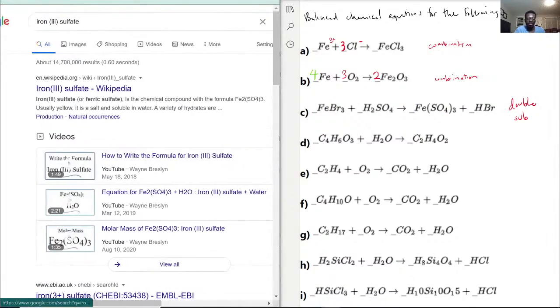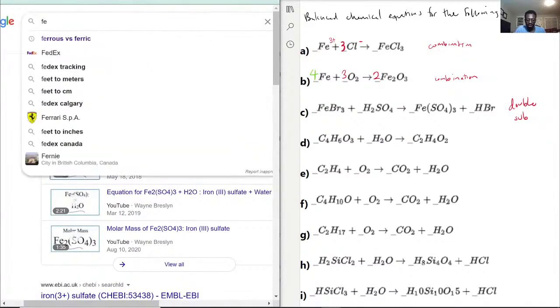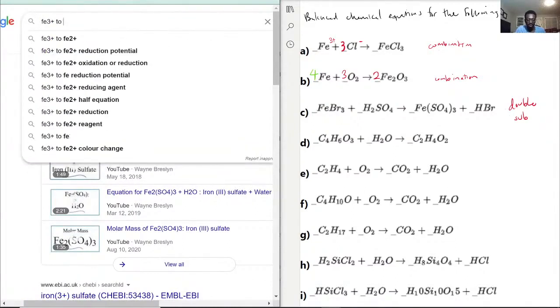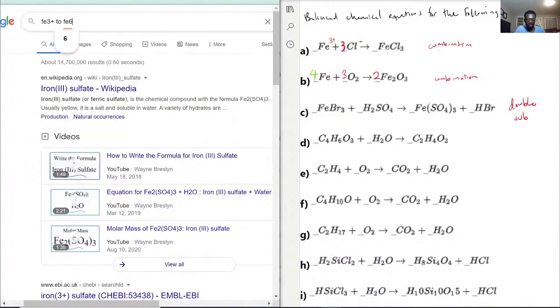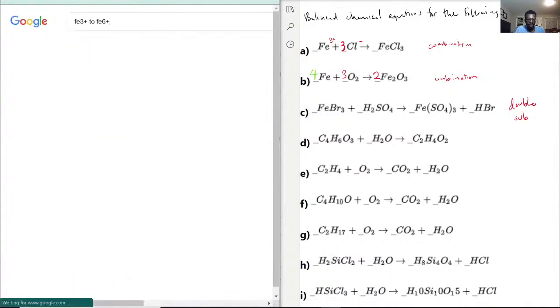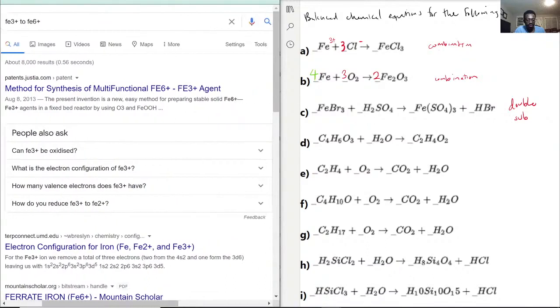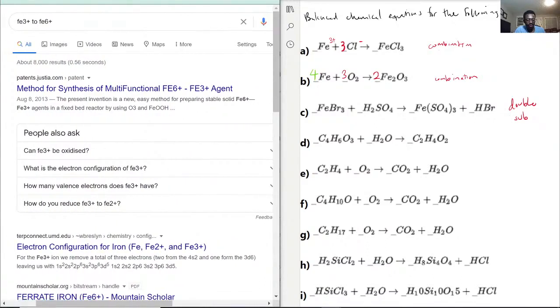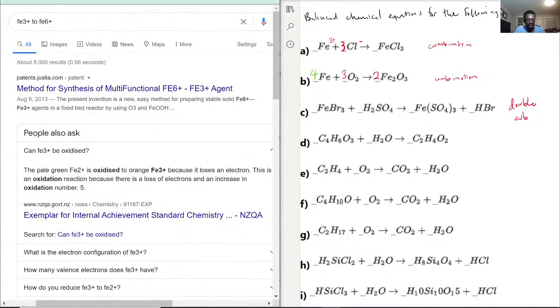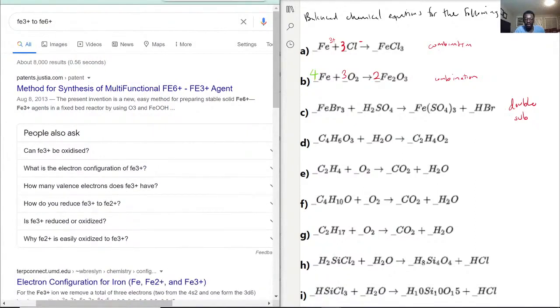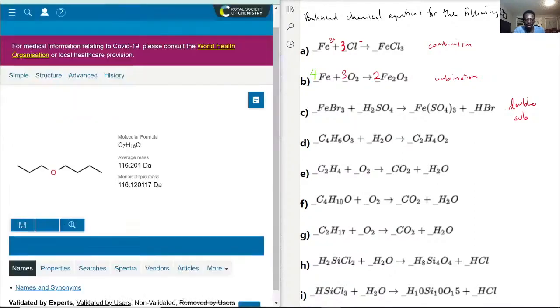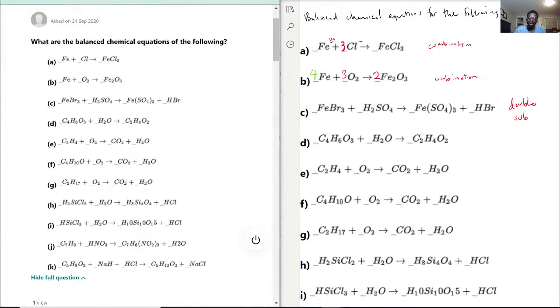Actually, let me just see if there is a Fe3 plus 2, Fe6. Yeah, no. Yeah, no, it can't go to 6 plus. So I knew something was off. Back to this question though.